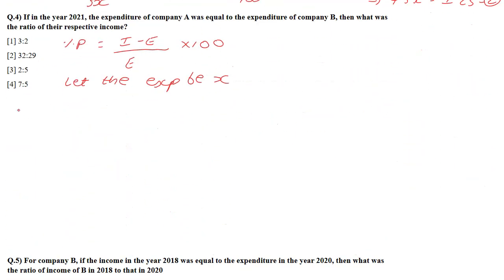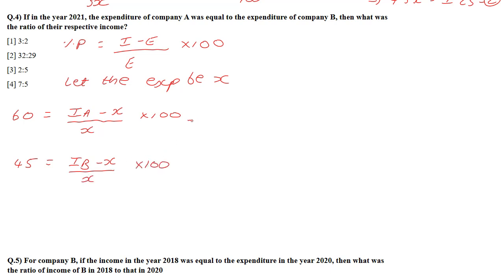So 60 is equal to income of A minus X upon X times 100. And similarly, 45 is equal to income of B minus X upon X times 100.